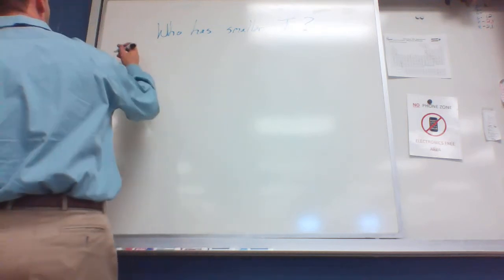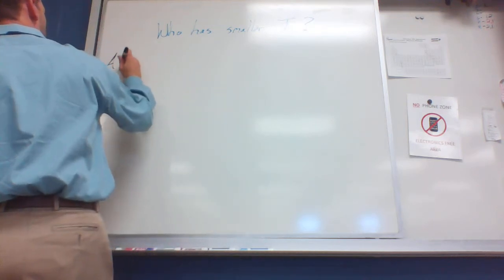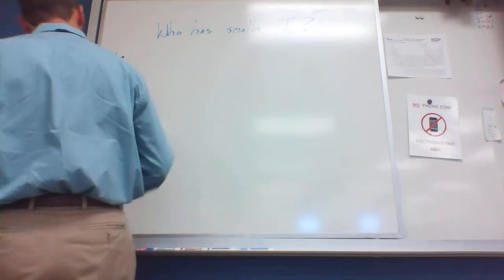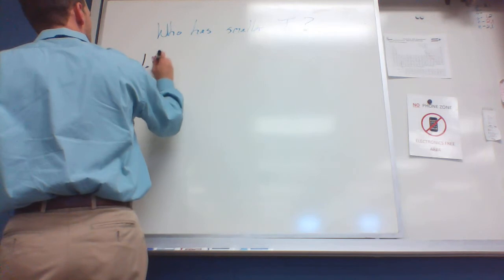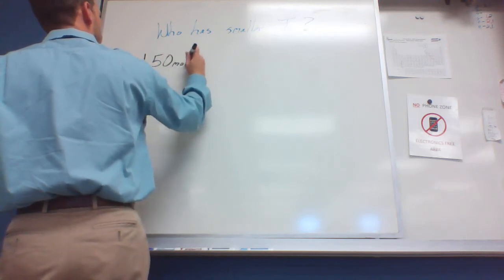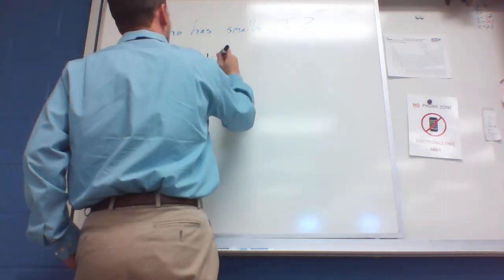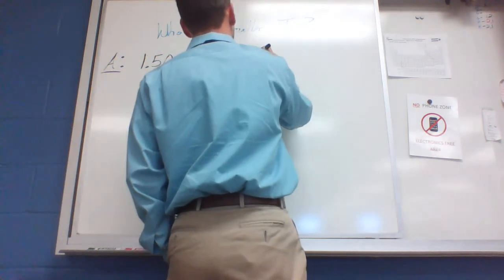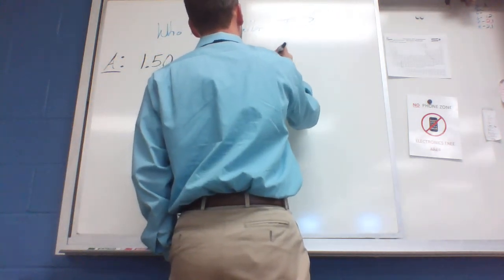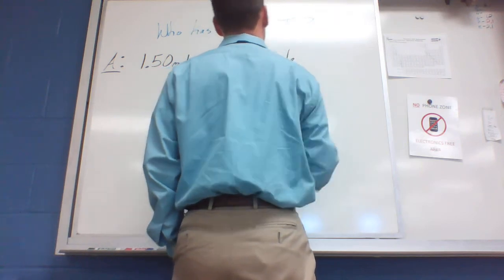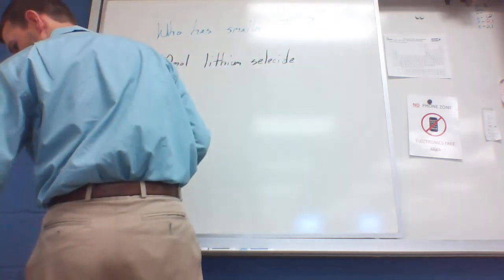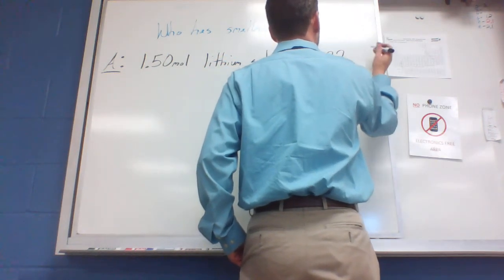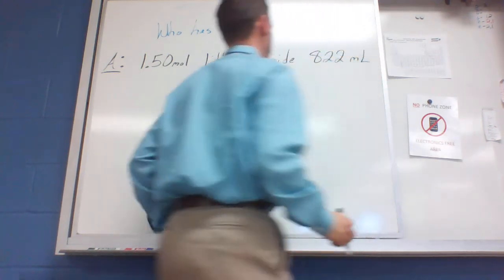I'm going to give you sample A is one of your choices. And sample A is going to be 1.5 moles of lithium salicide, and that's going to be in 822 milliliters.